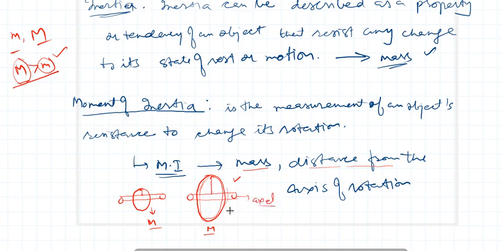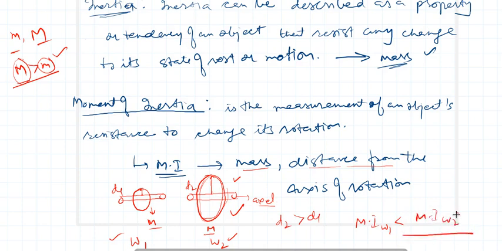So it is wheel 1 and wheel 2. Both have the same masses, but the distance is d1 here, and the distance is d2 from the axle, and d2 is greater than d1. Then the moment of inertia of wheel 1 is lesser than the moment of inertia of wheel 2, right? That's what we are concluding from here.